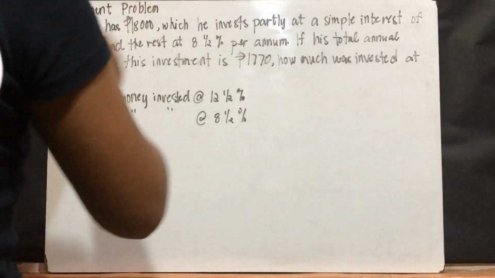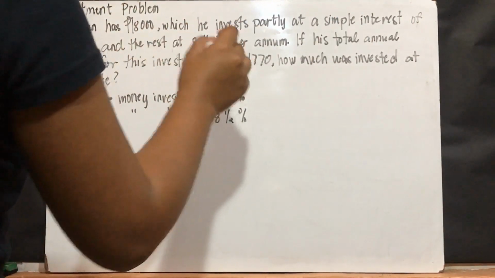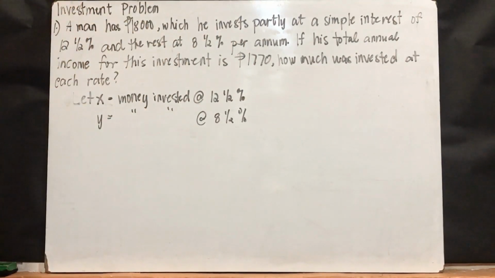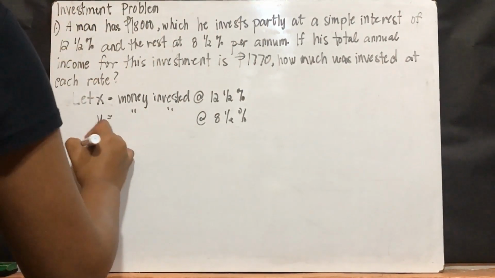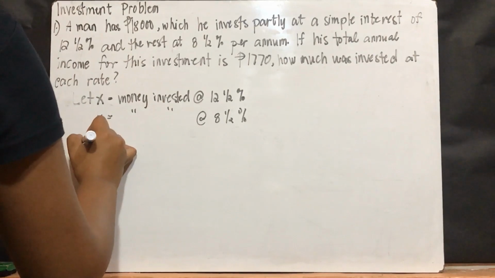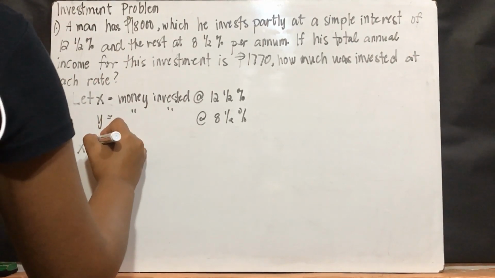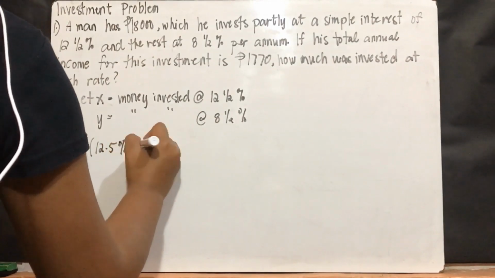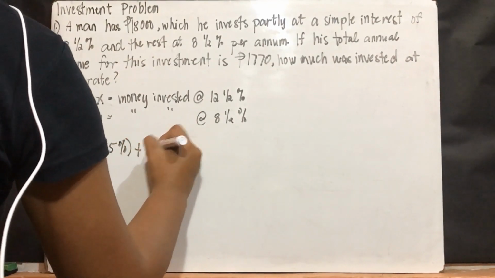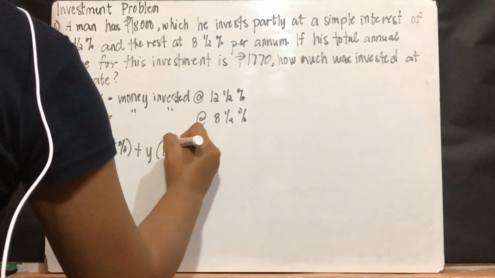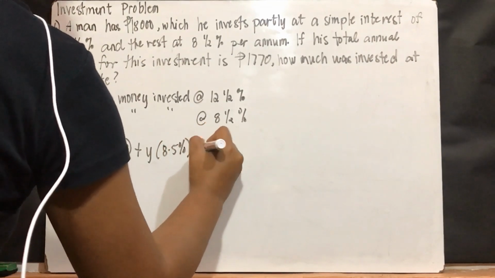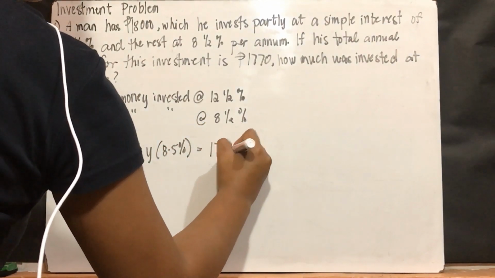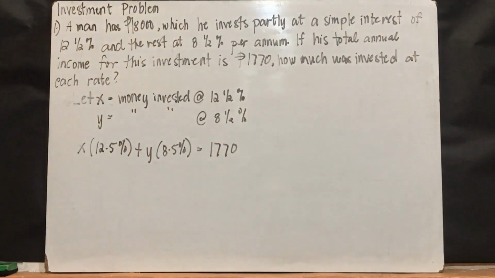if his total annual income for this investment is 1,770. So we have yung money invested and then multiplied by 12.5% plus yung money invested at 8.5% is equal to a total of 1,770.